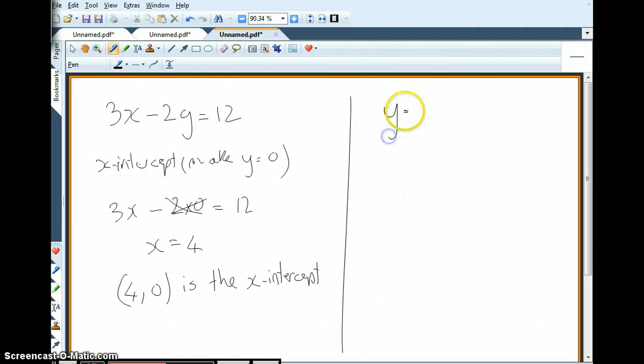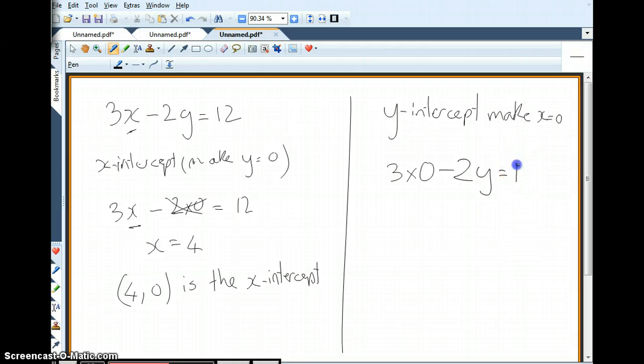Here we go. Y-intercept, what do we do? Make x equal to 0. Filling in the numbers, 3 times 0, minus 2y equals 12.